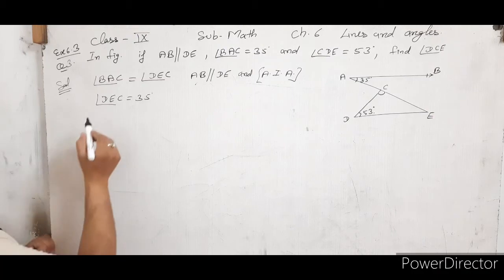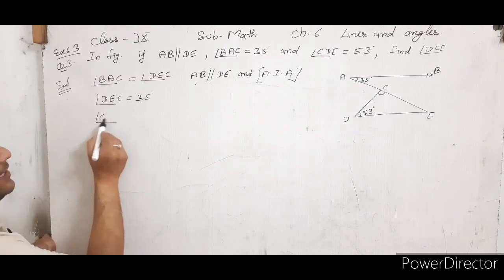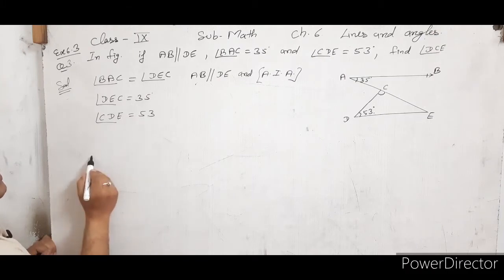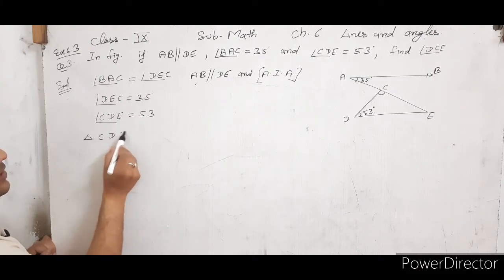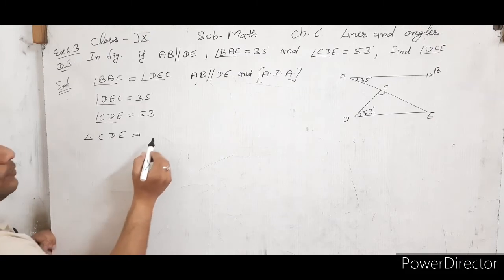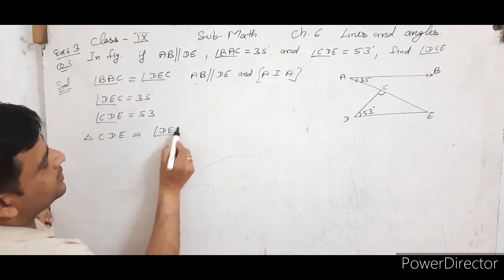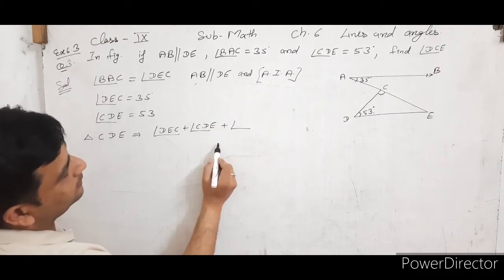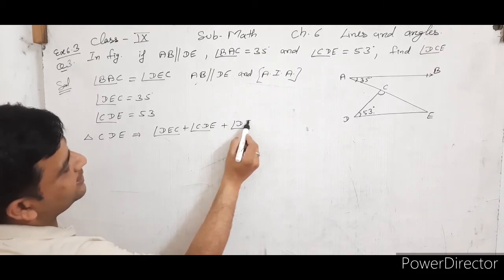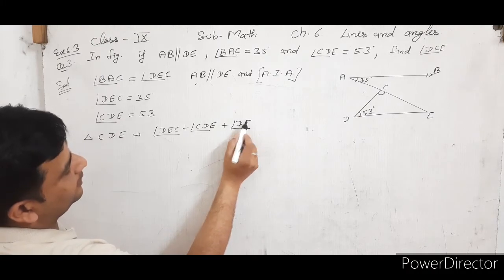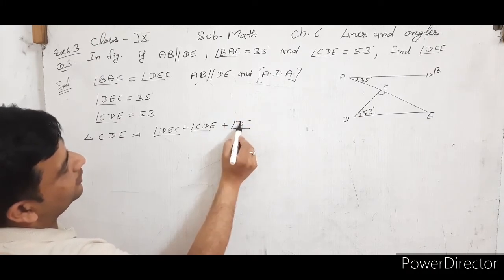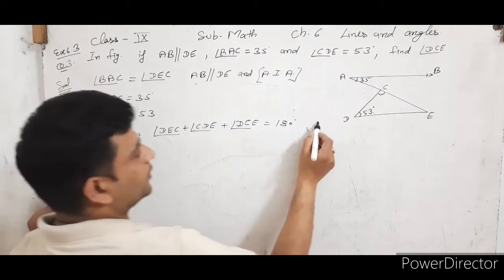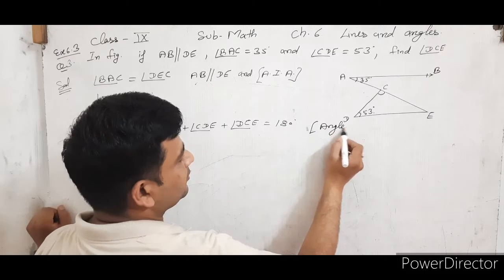Next, angle CDE is given as 53. In triangle CDE, by the angle sum property, angle DEC plus angle CDE plus angle DCE is equal to 180.